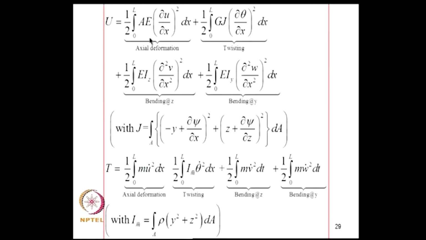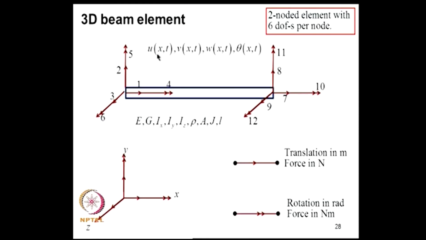This is energy due to axial deformation, due to twisting, this is bending about z, bending about y, and similarly we computed the kinetic energy due to axial deformation, twisting, bending about z and bending about y, and using this we constructed the Lagrangian and we interpolated these field variables in terms of their nodal values. For u and theta we use linear interpolation functions, and for v and w we use cubic interpolation functions, and we derived the 12 by 12 structural matrices.